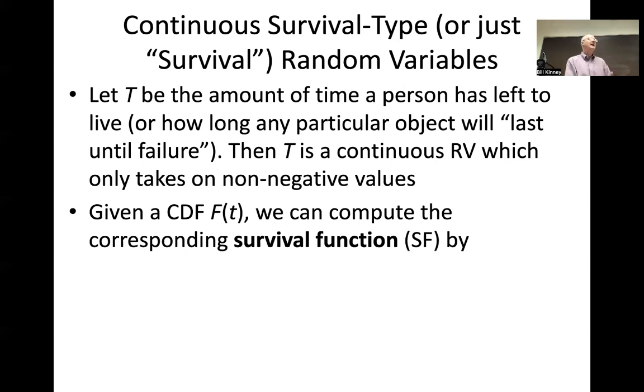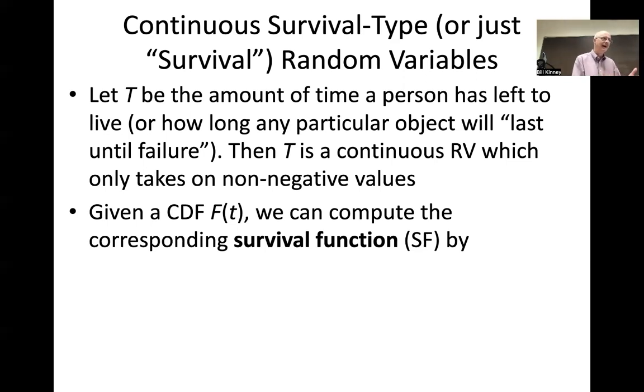We're trying to think about what we've been doing with random variables in this new context and come up with new ways of thinking about it that are commonly used in actuarial science. Here's the first new idea. Given a CDF for capital T, cumulative distribution function, capital F of T, our old friend, right?